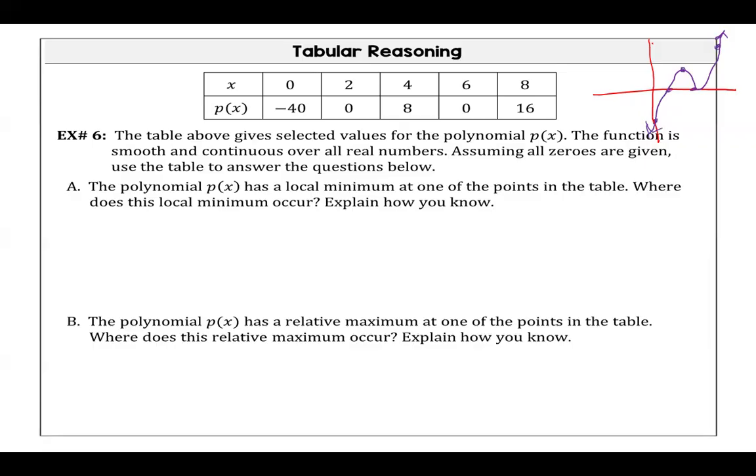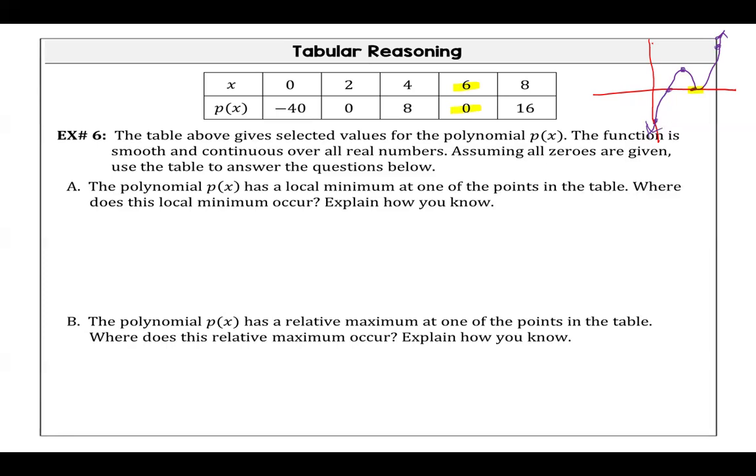All right, so it says part A, the polynomial P of X has a local minimum at one of the points in the table. Where does the local minimum occur? Well, because I have a sketch, can I easily identify it? Yes, I can. My local minimum happens right here at 6, 0. Even though it's not drawn accurately, that's where it's at, right?